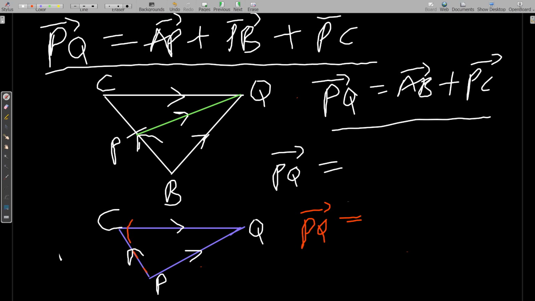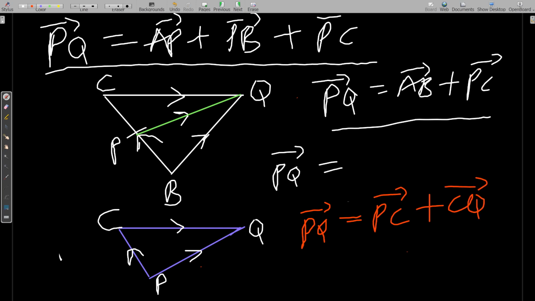You see that PC is going in this direction, and it's in the same direction as CQ. But then PQ is in the opposite direction to it, right? So you sum the ones that are going in the same direction and equate it to the one that is going in the opposite direction. So PQ will be equal to PC and then CQ.